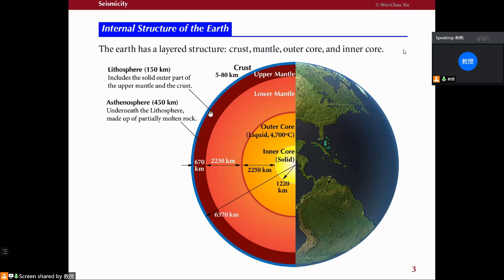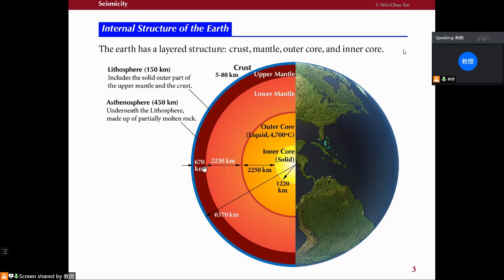Okay, this is the internal structure of the Earth. The Earth has a layered structure. It has a very thin crust of about 5 to 80 kilometers. This blue shell is the crust, and then we have the mantle. It has the upper mantle and lower mantle.